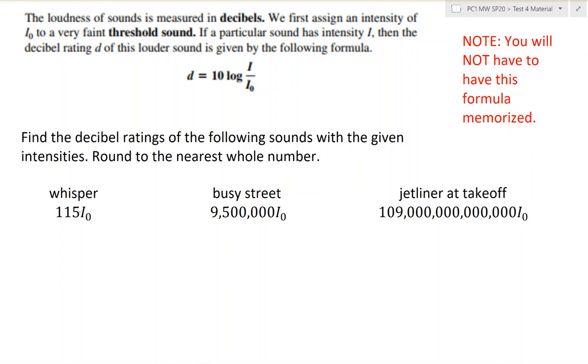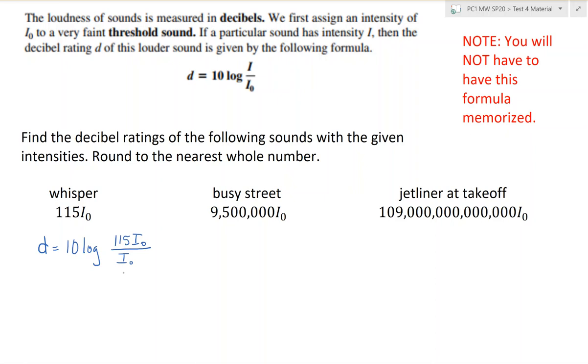So here we have a whisper that is 115 times the intensity of the threshold sound. To find the decibels, it is 10 times the log of the intensity of a whisper divided by the threshold sound.